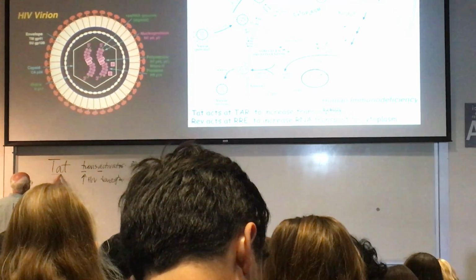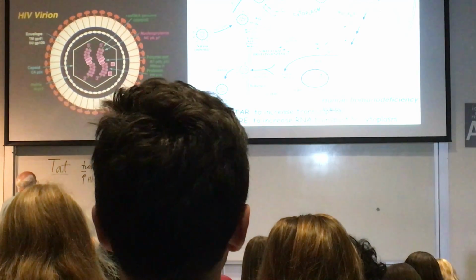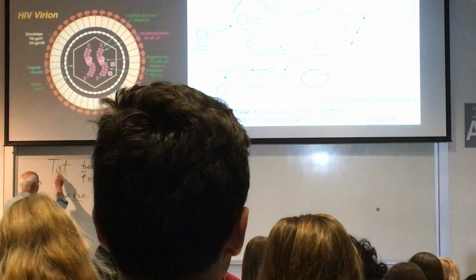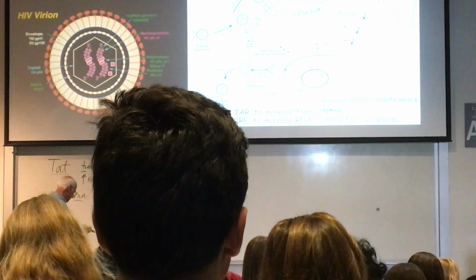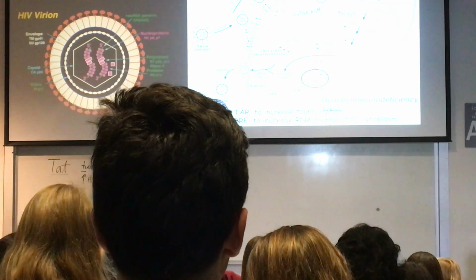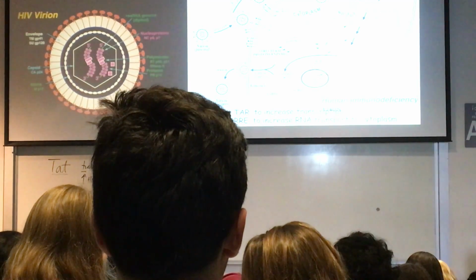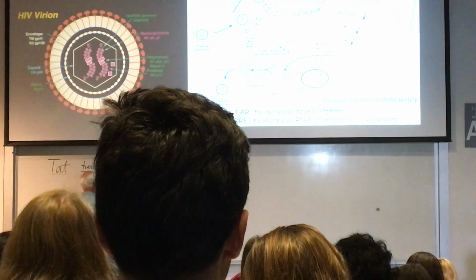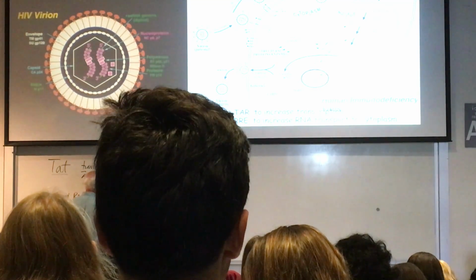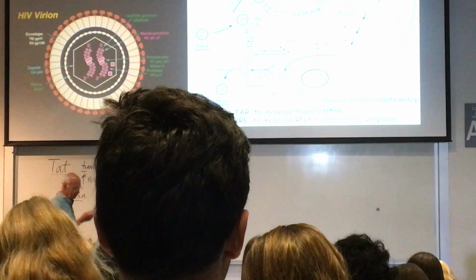So TAT, the protein TAT, works through a target RNA. So the target of TAT is an RNA sequence. All right, so we have our integrated provirus. The provirus is integrated, and we have our promoter and enhancer to which Pol2 binds to transcribe the provirus to make the viral RNA.